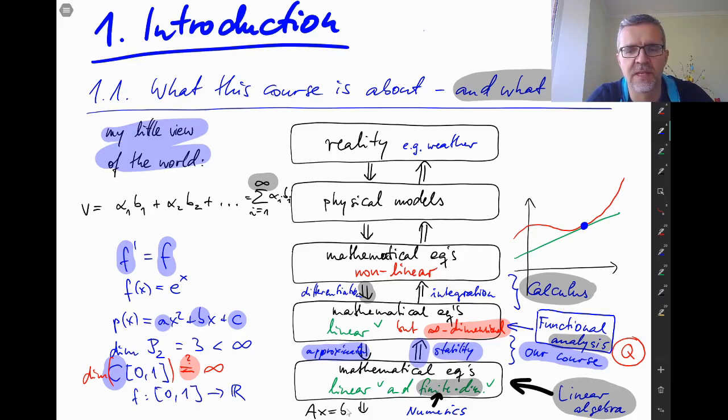Ideas of replacing infinite dimensional problems by finite dimensional ones could probably involve taking these infinitely long coordinate vectors and truncating them so they become finite. This is one very simple idea.